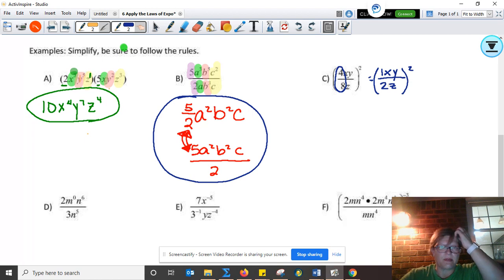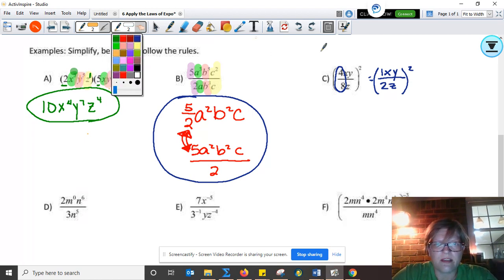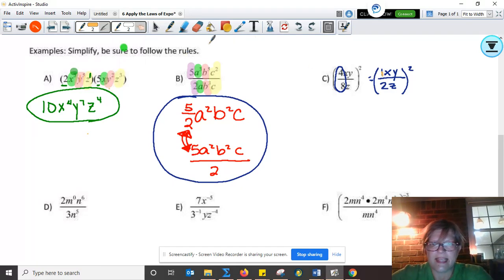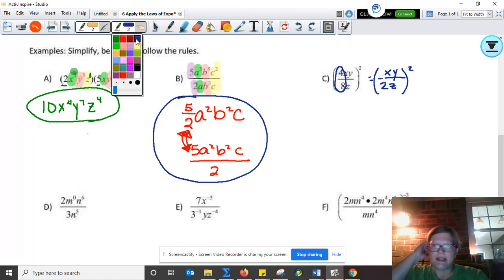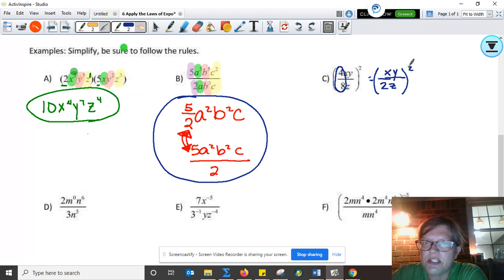That 1 can pretty much go away, because if there's nothing there, we automatically know it's a 1. So I'm going to go ahead and take that away. We've already simplified as much as we can inside, so we cannot do any more. Now I need to distribute that exponent to every single exponent inside.